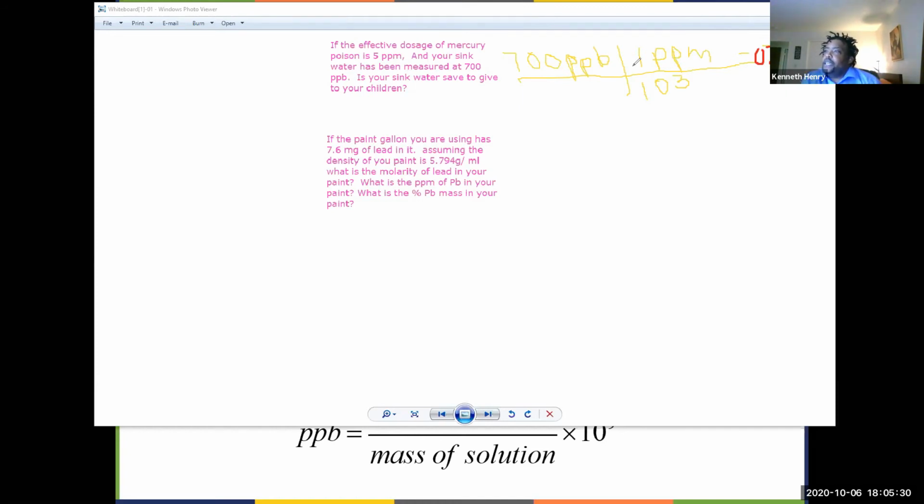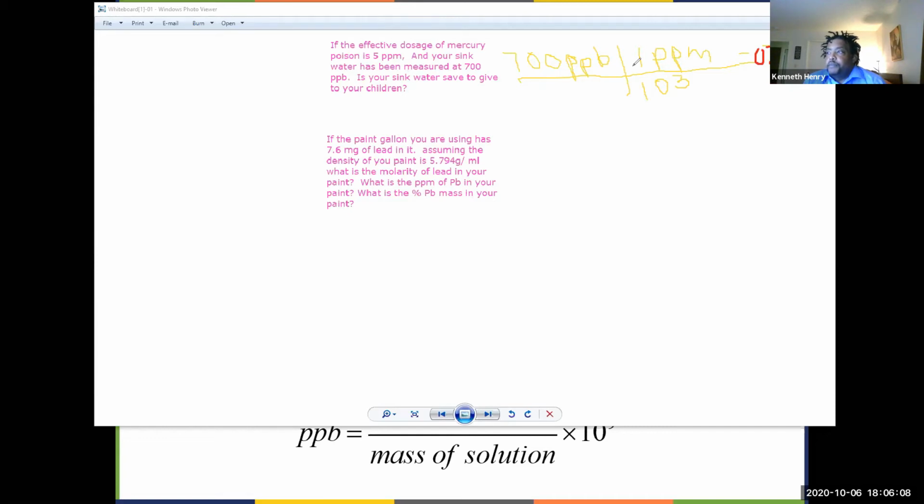So let's see this second question. Did anybody complete the second one? No, we were having a hard time with that one. Okay. So it says, if the paint gallon you're using has 7.6 milligrams of lead in it, assuming the density of the paint is 5.794 grams per milliliter, what is the molarity of lead in your paint?